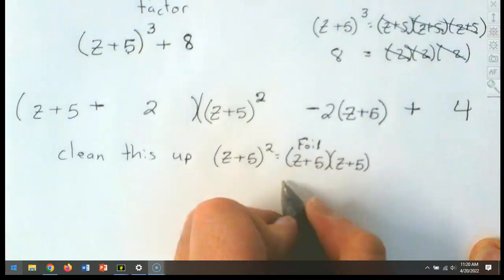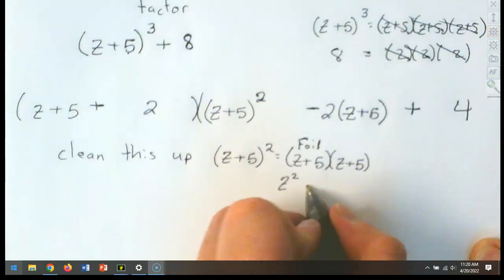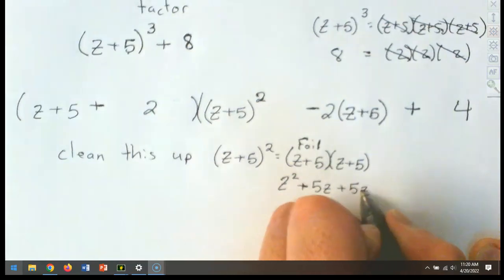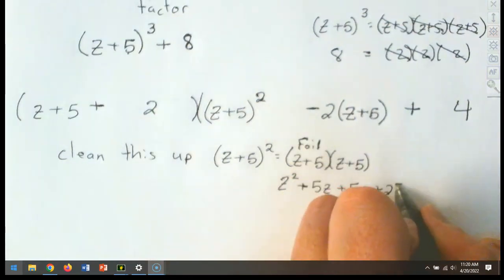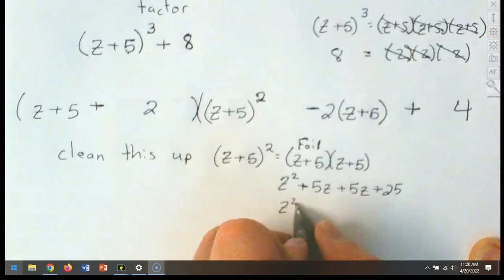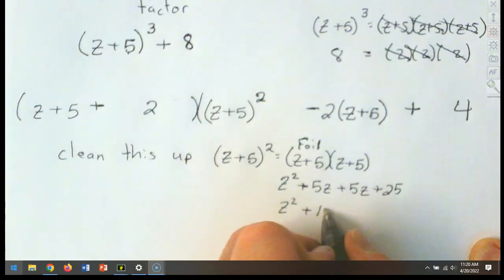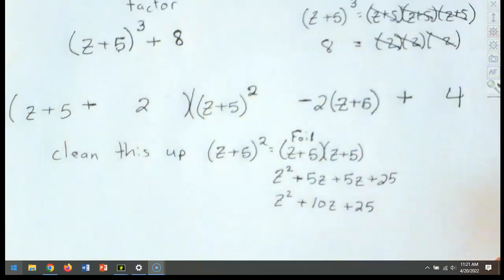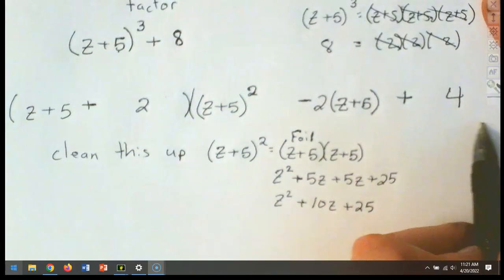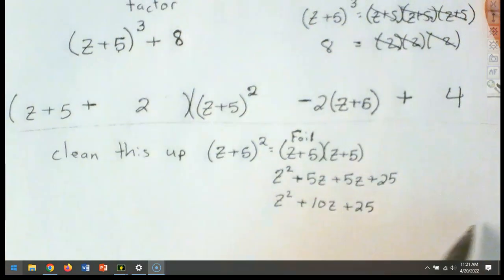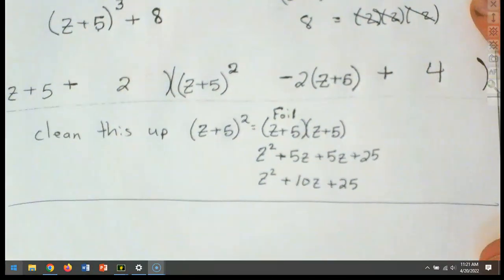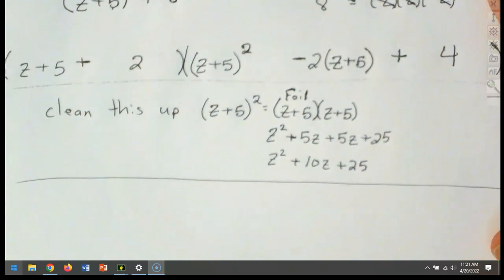And when we FOIL, that's z squared plus 5z plus 5z plus 25, which is then z squared plus 10z plus 25. And it's not difficult. It's just easy to make a mistake.